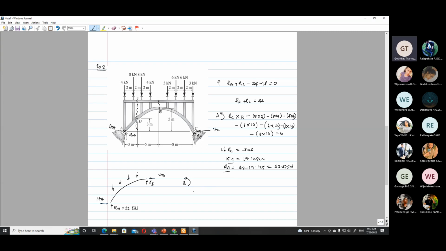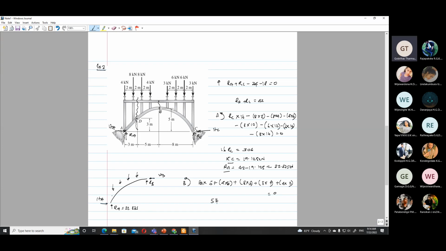So I can find HA. If I take moment about B, HA into the distance, 5 meters, plus 4 into the distance 8, plus 8 into the distance 6, plus 8 into the distance 4, plus 4 into the distance 2, is 0.